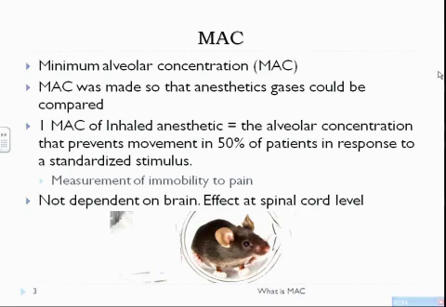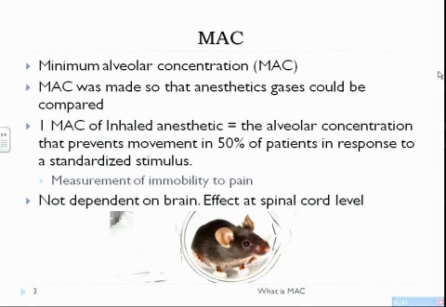Basically they applied it to every agent that we have. If you give a patient a MAC value of 1, if it's a true MAC value for that individual, then 50% of the time that person will move, and 50% of the time the person will be immobile. Okay? That's what MAC is telling you. It's a percentage chance that person will not move under stimulus.